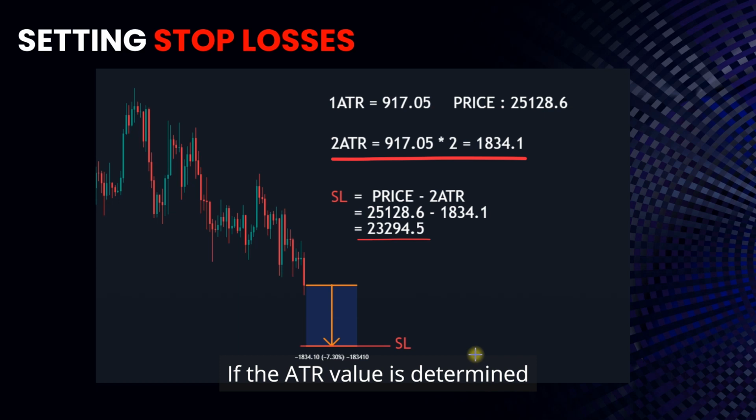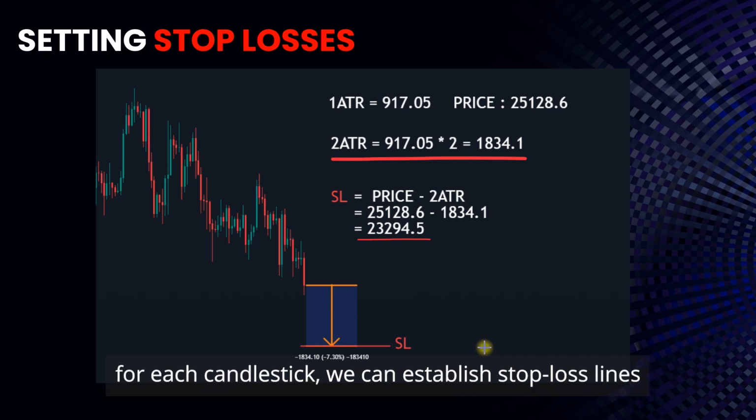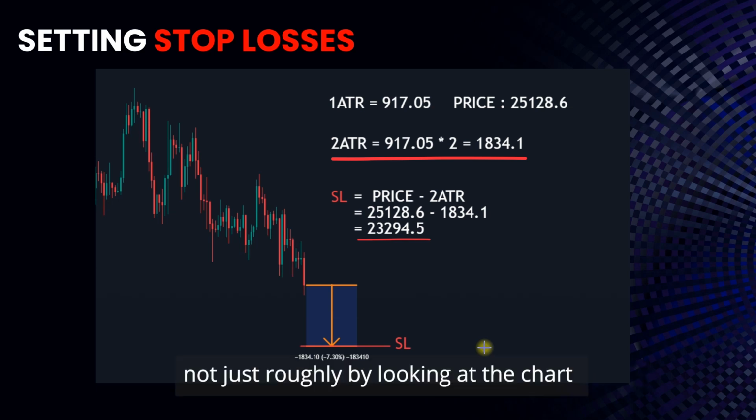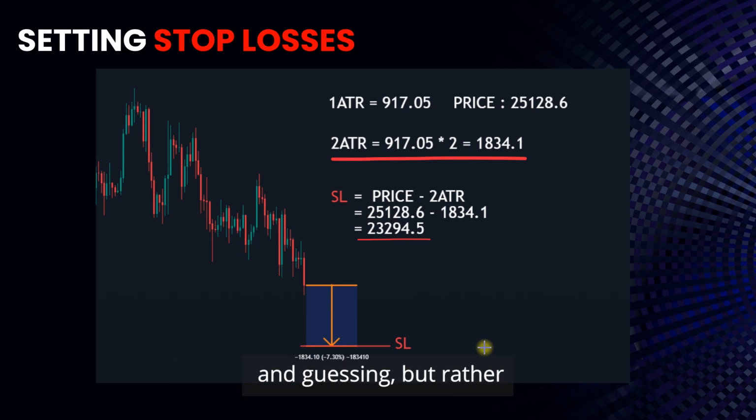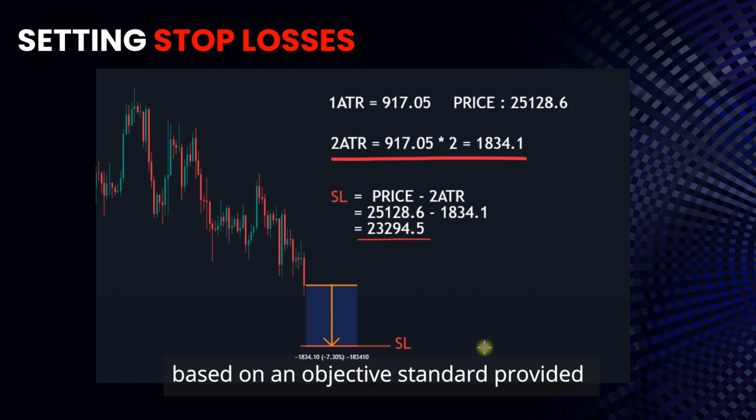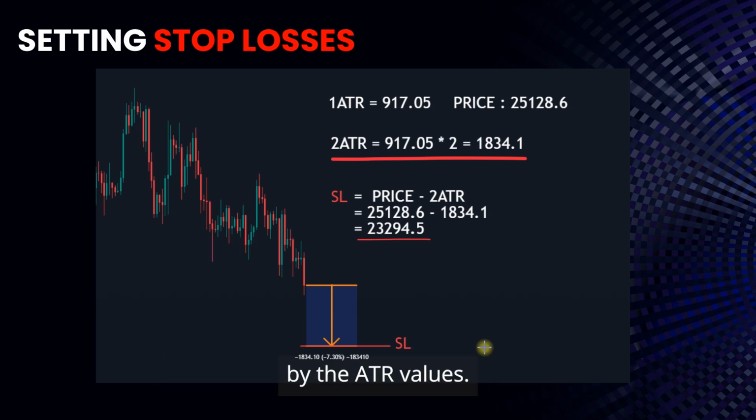If the ATR value is determined for each candlestick, we can establish a stop loss line not just roughly by looking at the chart and guessing, but based on the objective standard provided by the ATR values. In other words, it provides a clear standard for system trading.